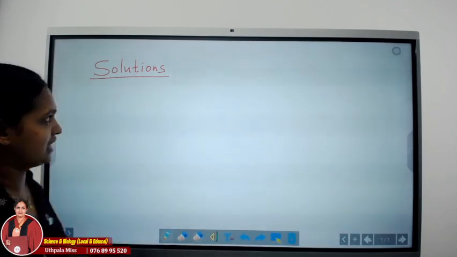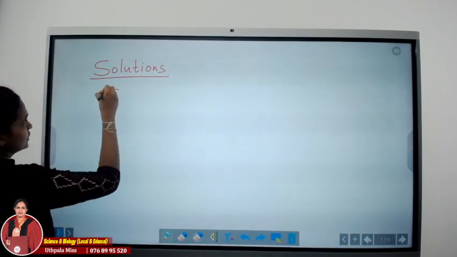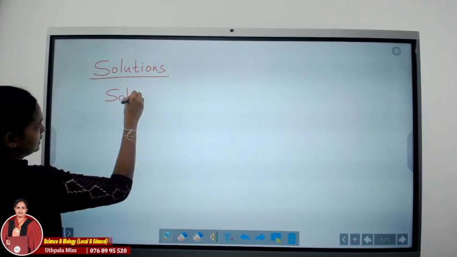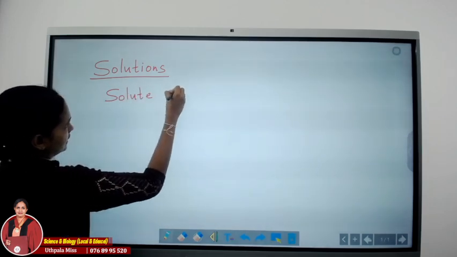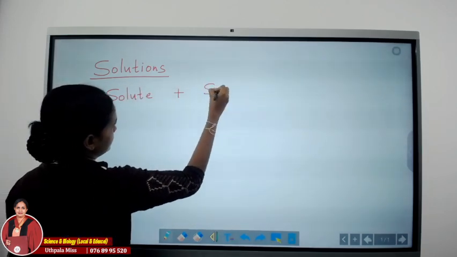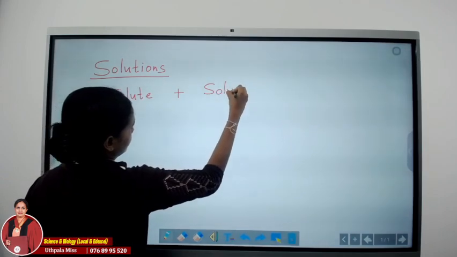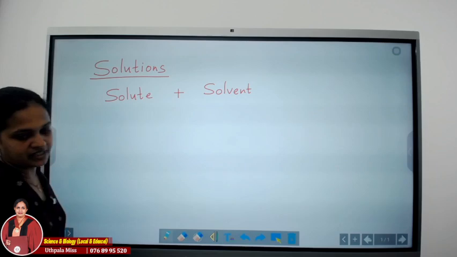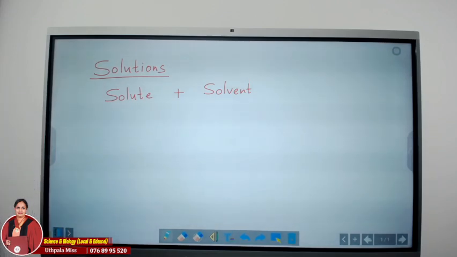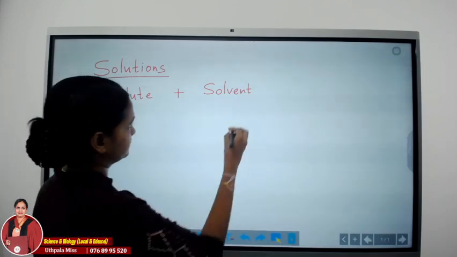One is known as the solute. The other one is known as the solvent. When these two are mixed together, we come up with a solution, right? Solute and solvent together end up as a solution.